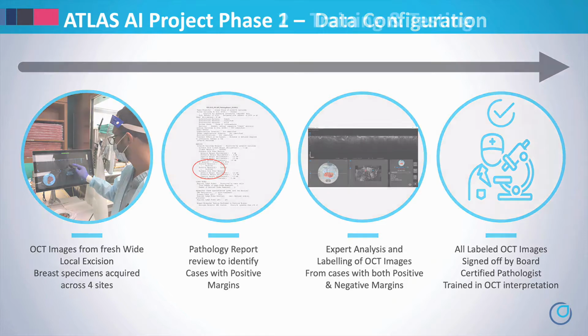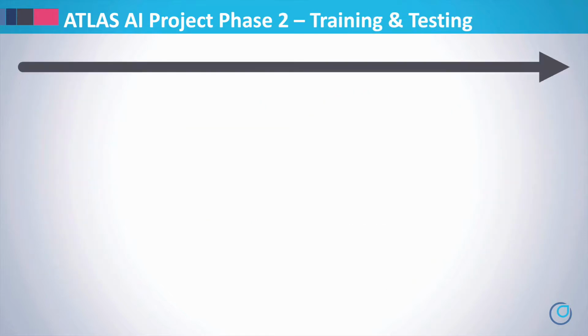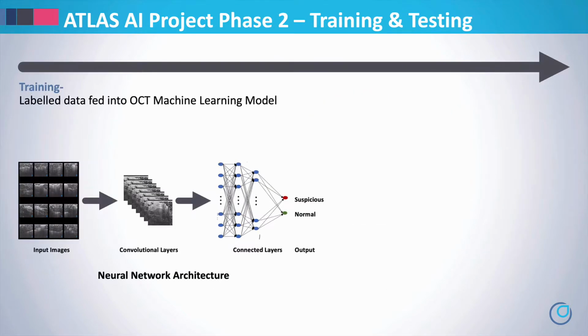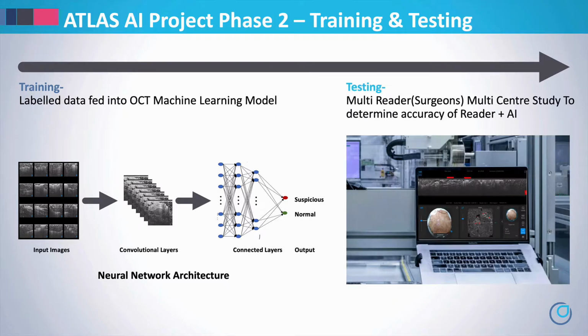Now, where is this going? Well, just as you've been hearing about the training and the testing of whether it's a cat that we're recognizing or whether it's a CAT scan that we're looking at, you can see that the label data that's fed into the optical coherence tomography machine learning model will then give an output saying, don't like this, it's suspicious, or actually it's acceptable, it's normal.